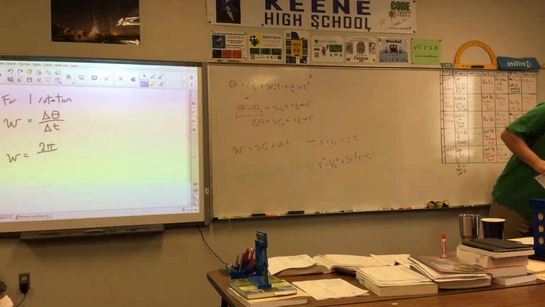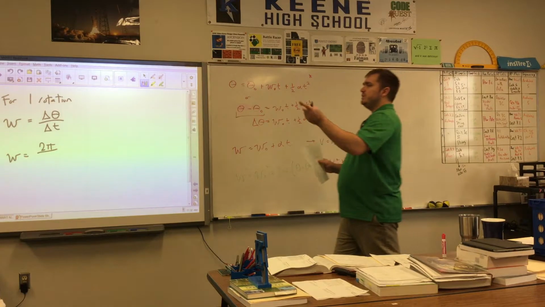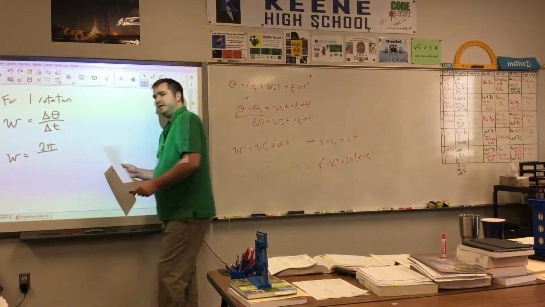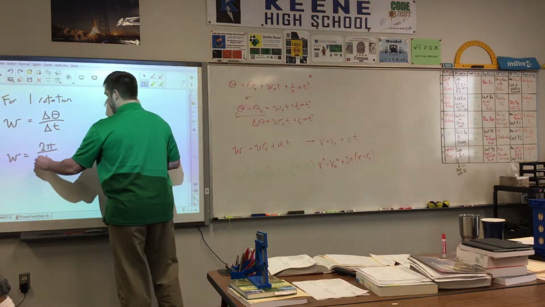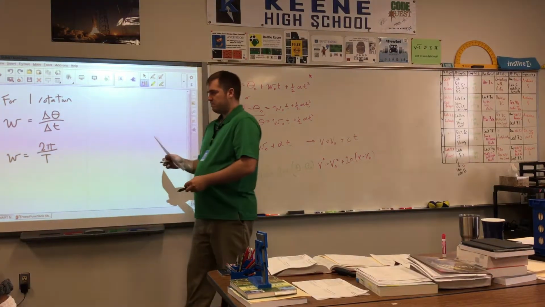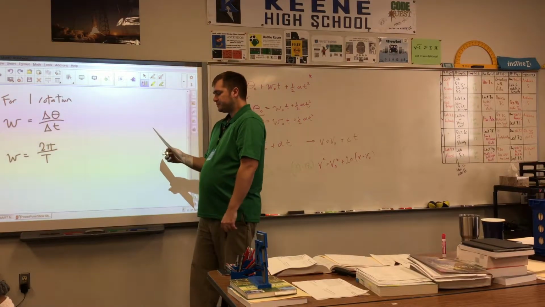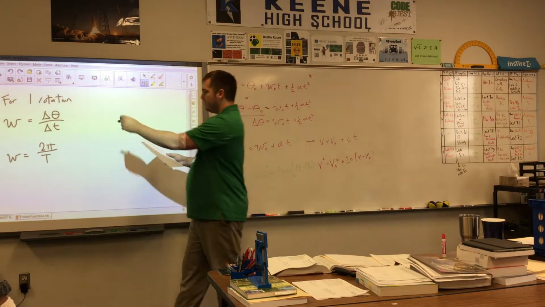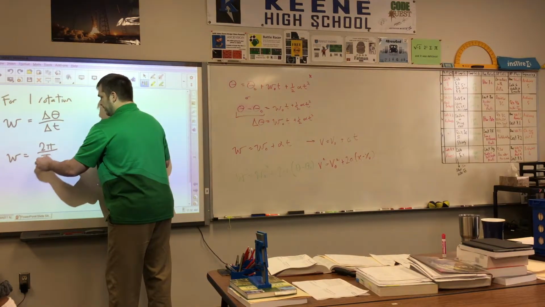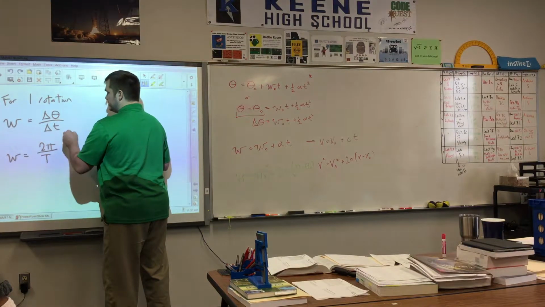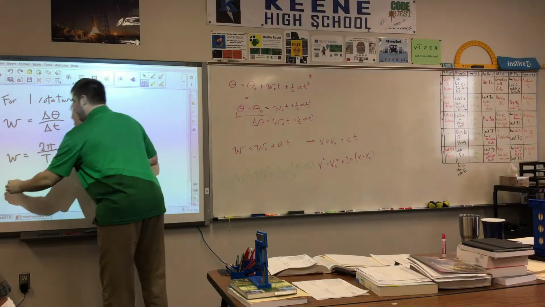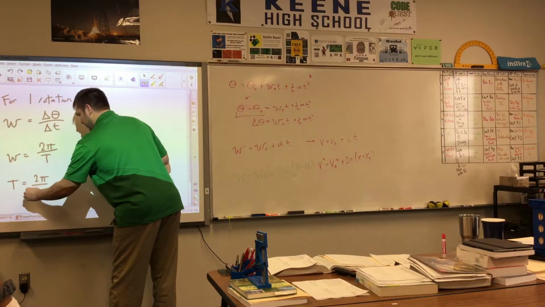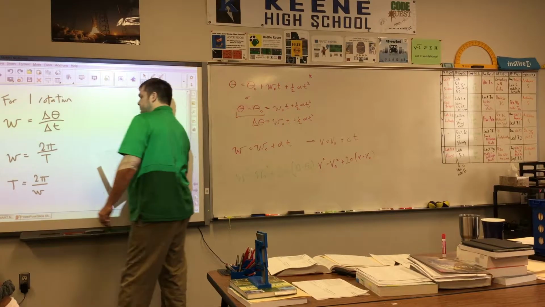And yesterday, if you're going one time all the way around, what is that time? We had a special letter for that time. T, capital T. That one's kind of on our formula sheet, except we have to do the algebra for it. We can manipulate this around: multiply both sides by t and divide both sides by omega, and you get t equals 2 pi over omega.